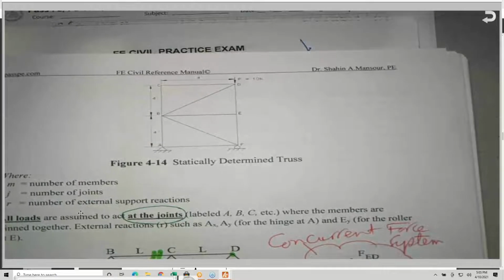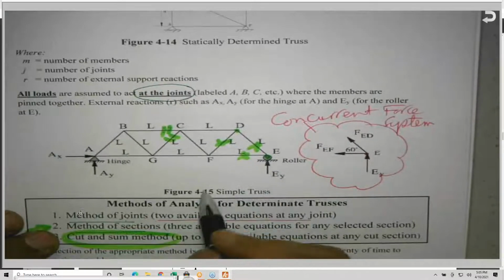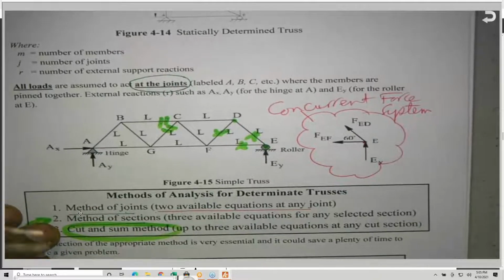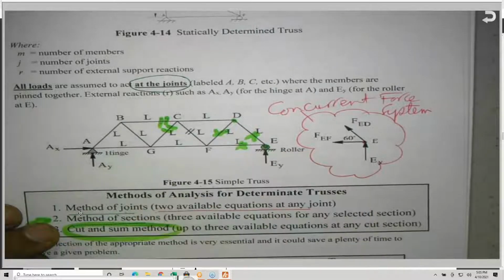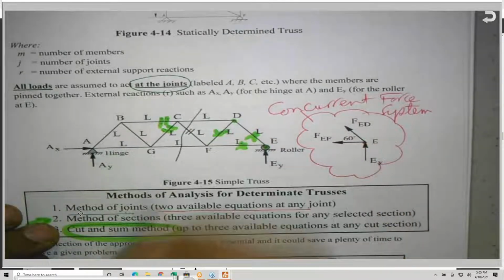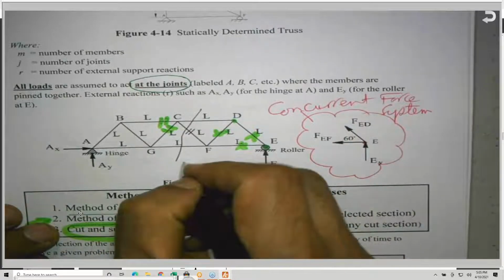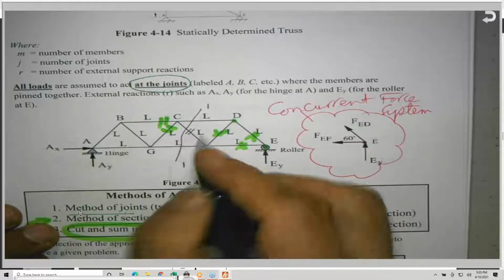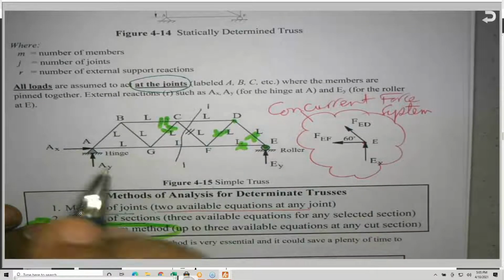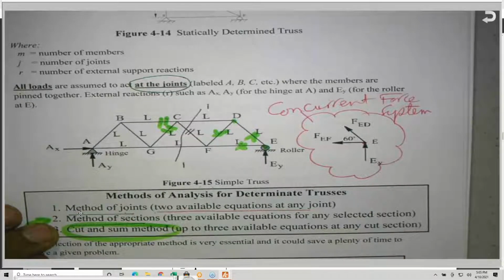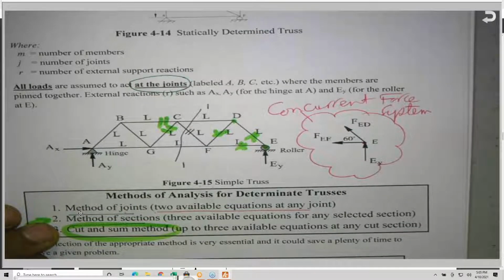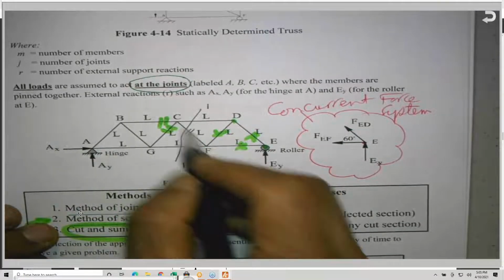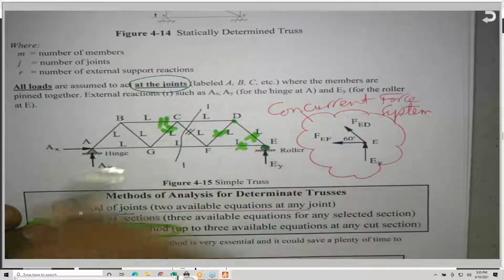I will come here, for example, and if I'm interested to find the force in this member, I will come with a scissor and cut the truss. Section 1-1. Number one, the section should cut the least number of members. The second condition, you have to cut the member of your interest. I'm looking for the member CF, so my section has to go through that.